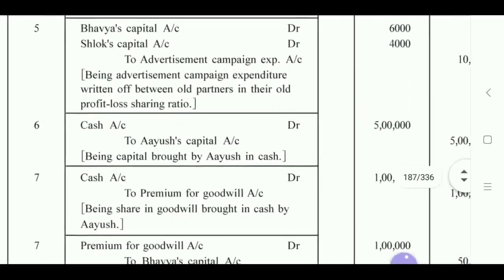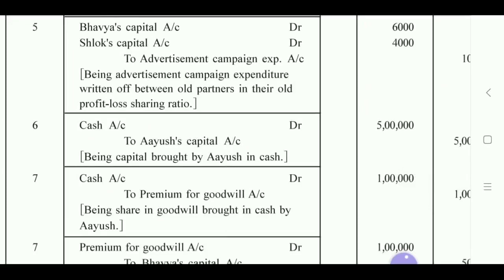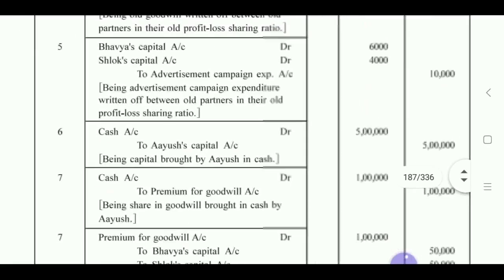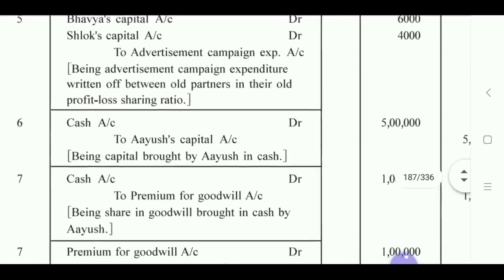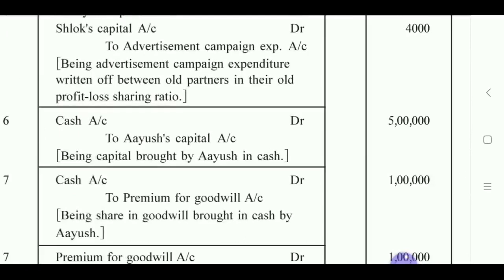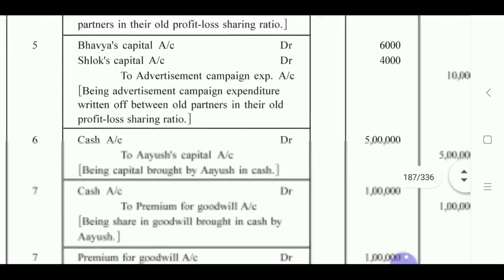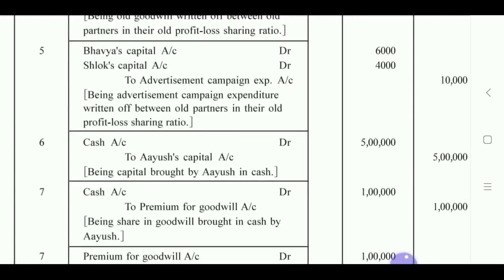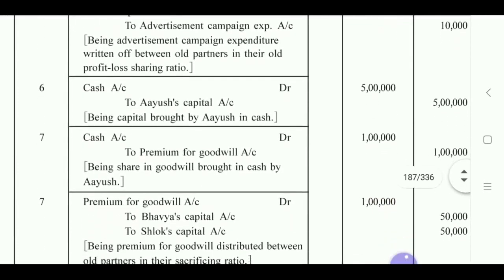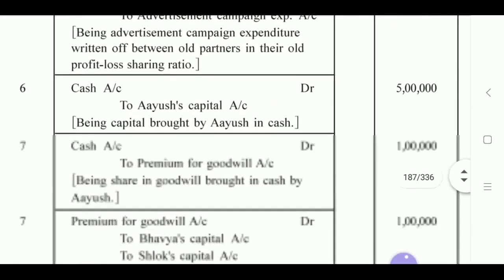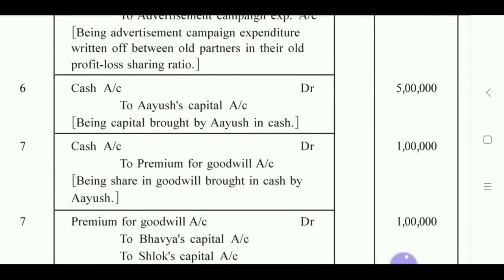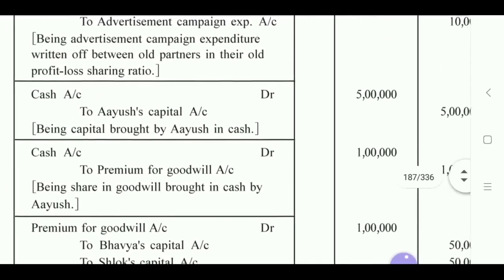Yes, you can see the sixth journal entry. I repeat, you can change the order, it's okay. The order that I follow is that I start with all the adjustments, and that is why I'll start with this journal entry first. Cash account debit 5 lakh to Ayush's capital account 5 lakh. The next journal entry you can see here: cash account debit to premium for goodwill account 1 lakh.